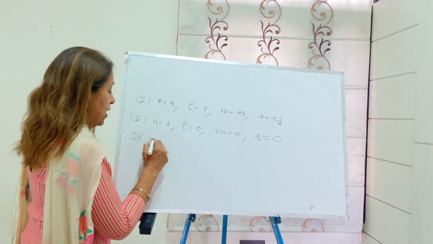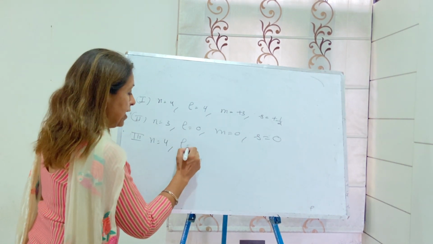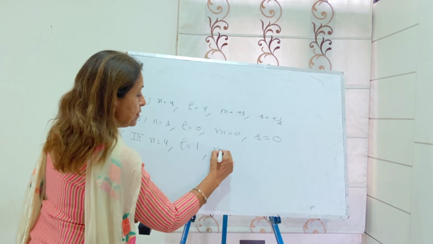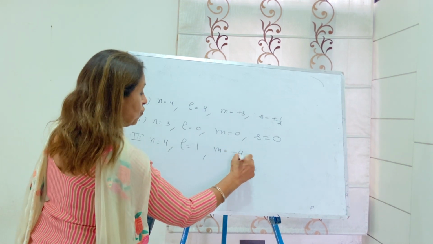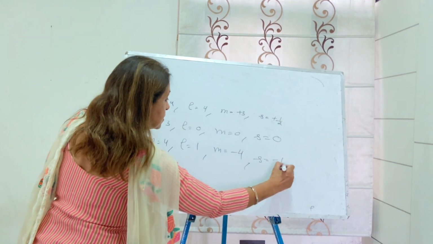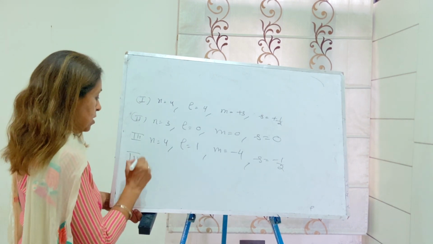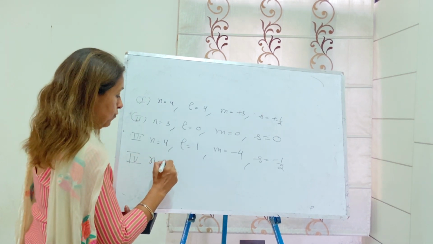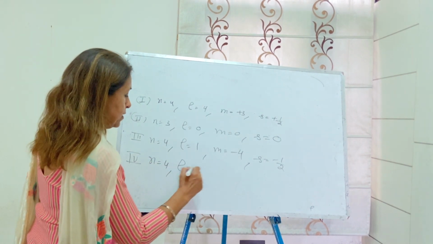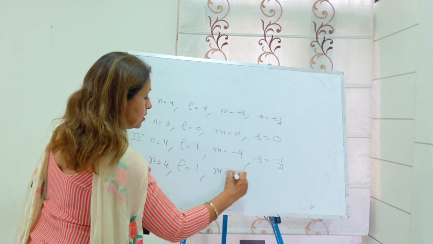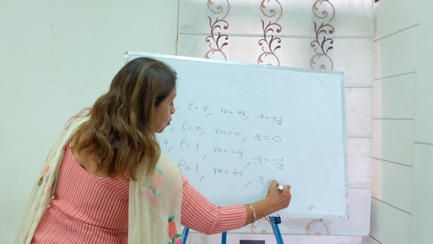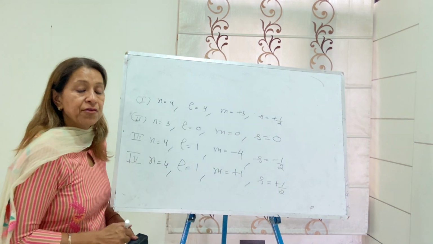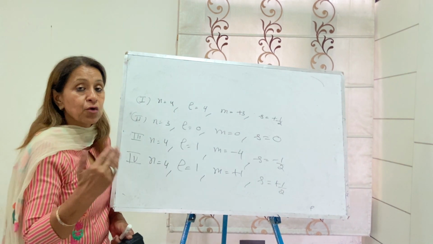Third: n is equal to 4, l is equal to 1, m is equal to minus 4 and s is equal to minus half. Fourth: n is equal to 4, l is equal to 1, m is equal to plus 1, s is equal to plus 1. These are the addresses of the electron.